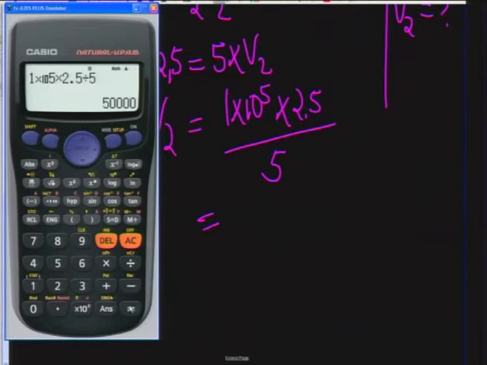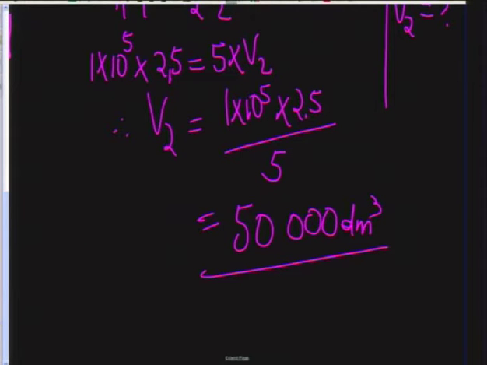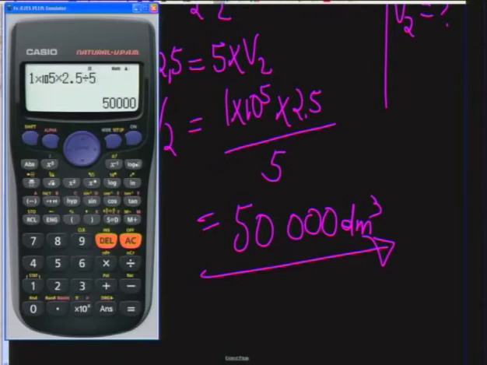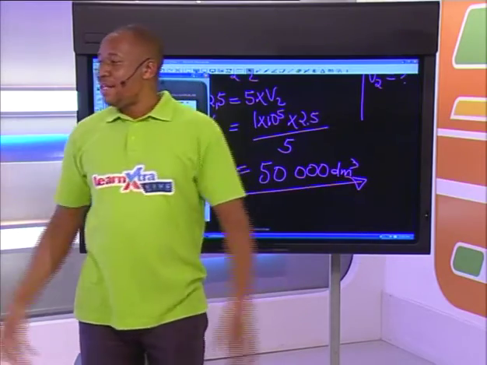And what is the answer? This works out to 50,000 cubic decimeters. Now, a gas that occupies so small a space on Earth occupies a huge space up there.